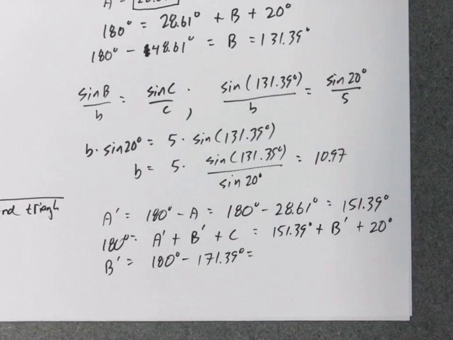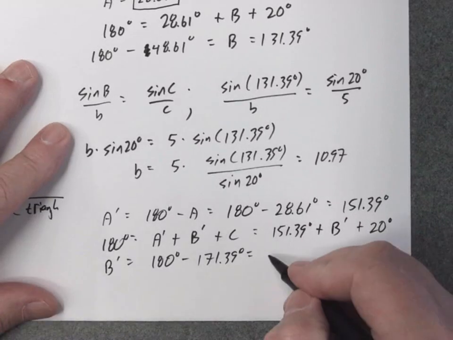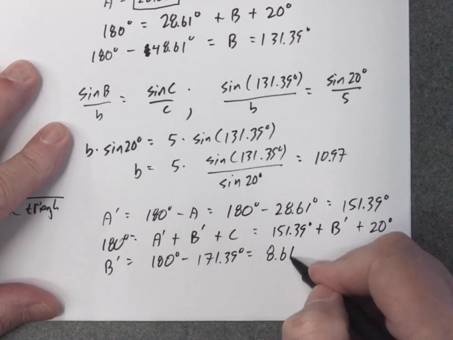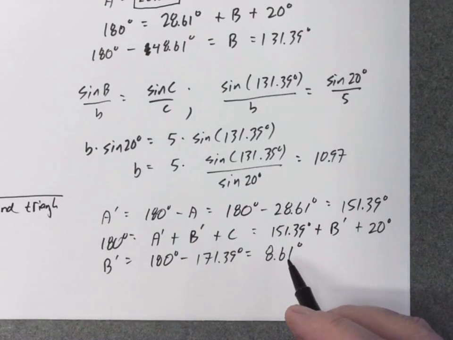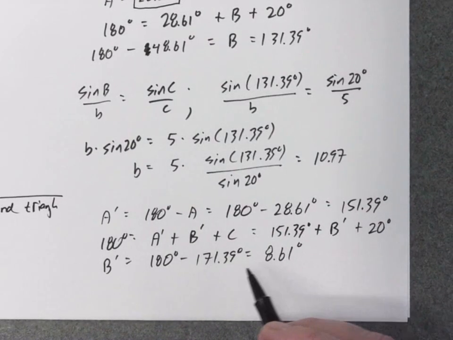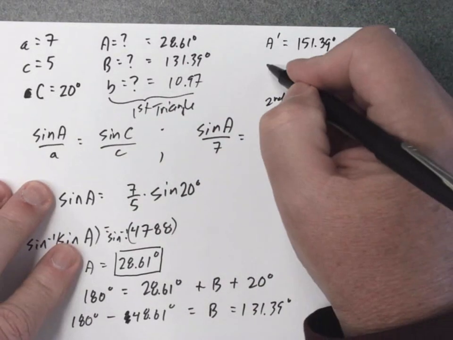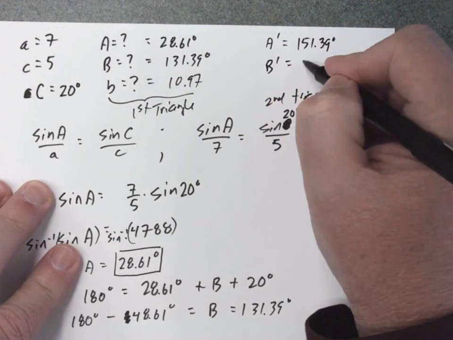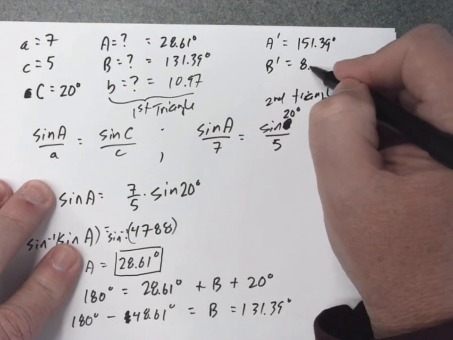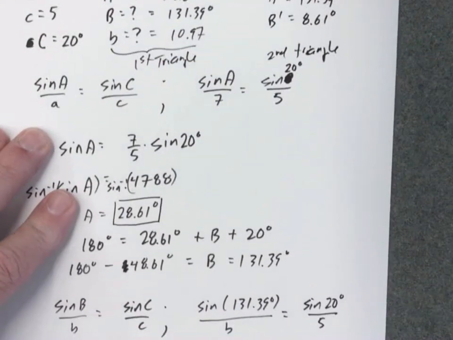So now subtract it. I'll do this on my calculator. 180 minus 171.39, that's 8.61. So lo and behold, since this angle here is a positive angle, this is when I know I have a second triangle.